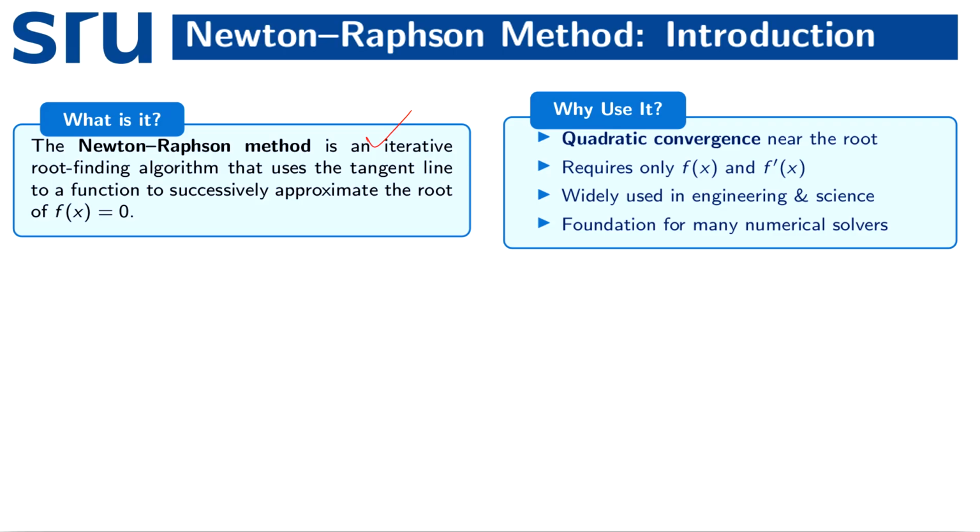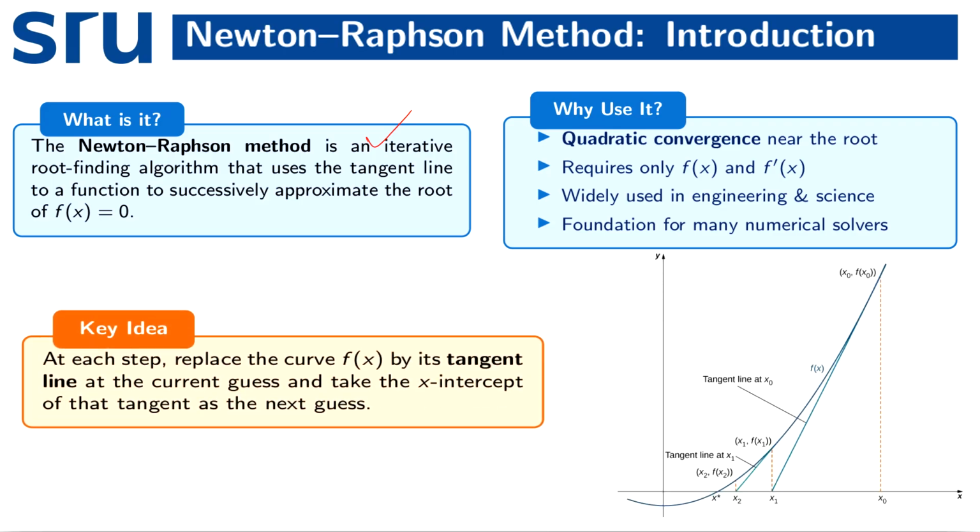You pick a point on that curve, your initial guess. At that point, you draw a tangent line. Say in the figure you can see the point is x naught. The value of the function at that point is f of x naught. So you picked up that point, and at that point you draw the tangent line.